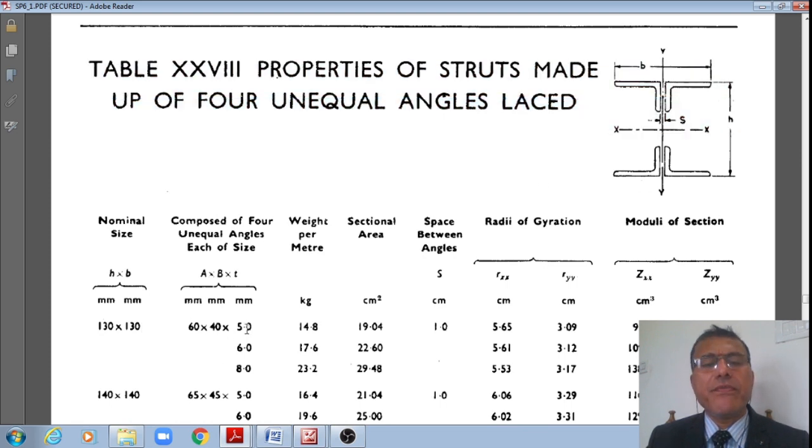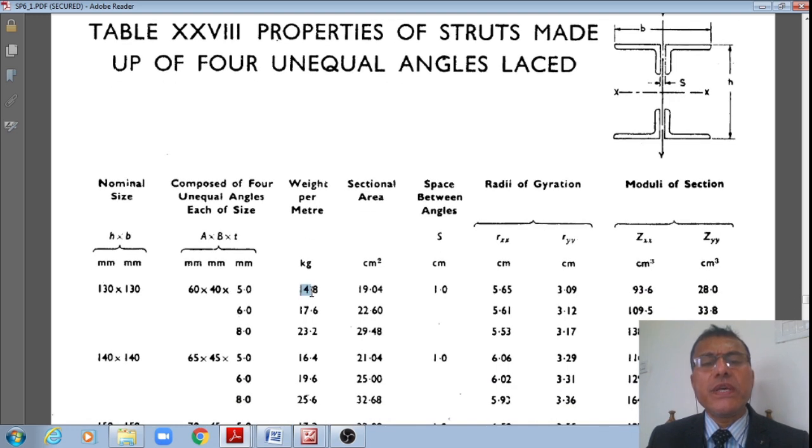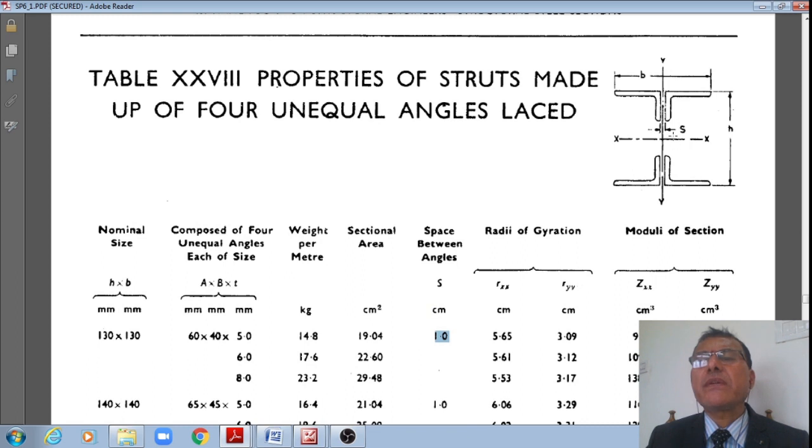With a thickness of 5 mm, if I use, then its unit weight is equal to 14.8, and its sectional area is equal to 19.04 centimeter square, and the spacing between these, right? Yes, this spacing is notated as S. This is 1 centimeter or 10 mm.